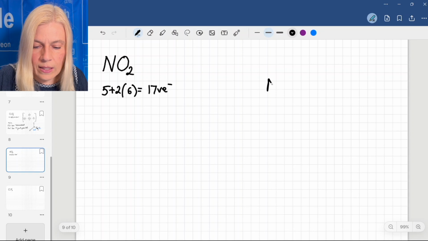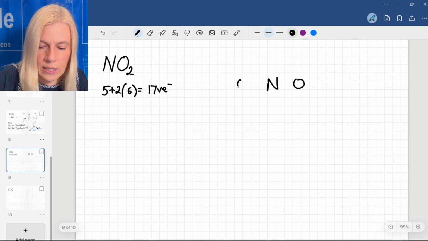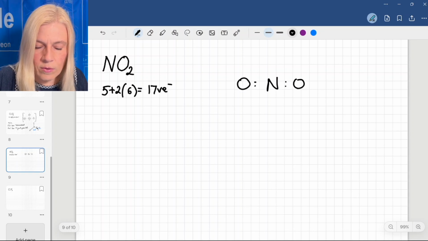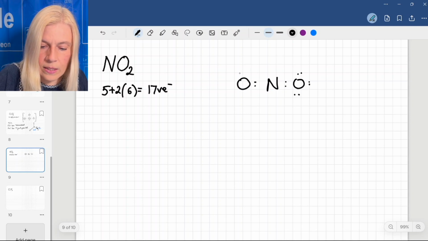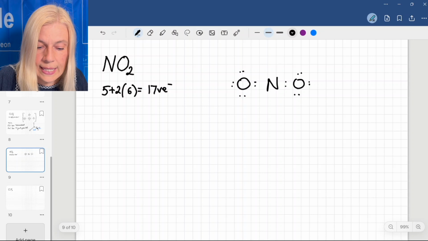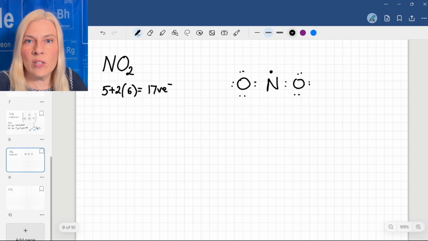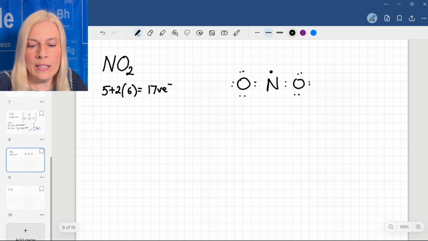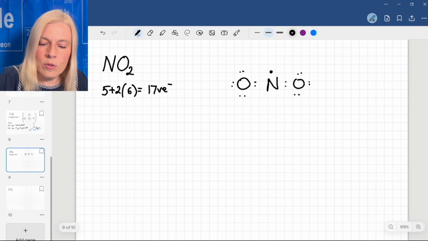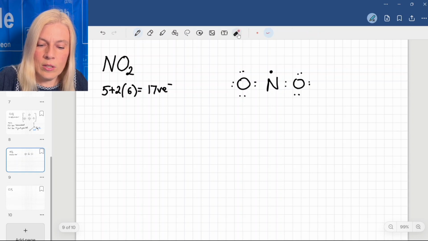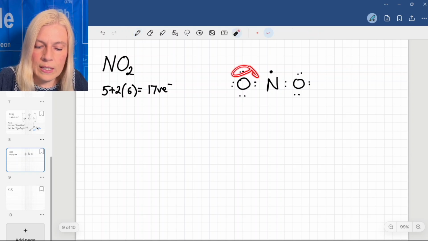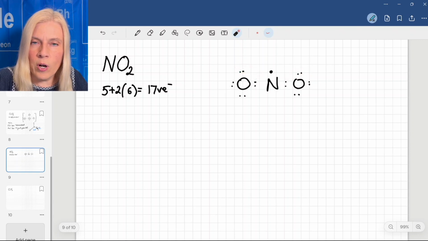All right, we have nitrogen here, oxygens here. We're going to do our octets. Okay, 16. And then I have to put that one here, 17. So I have an odd number of electrons. I gotta deal with it. And I also don't have an octet on nitrogen, so I can either move these guys down or these guys, right? I cannot do both.